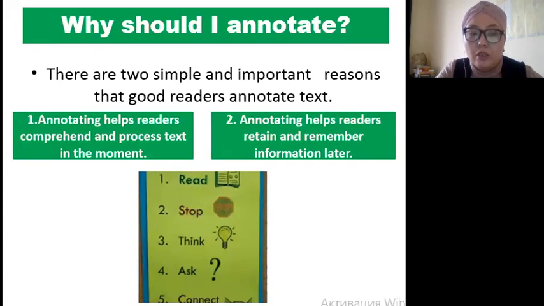So first, of course, you should read it and stop and think about it. Okay, so these are very good control questions, which help you to define the meaning of the text and make the connection with all of the objects of your material.